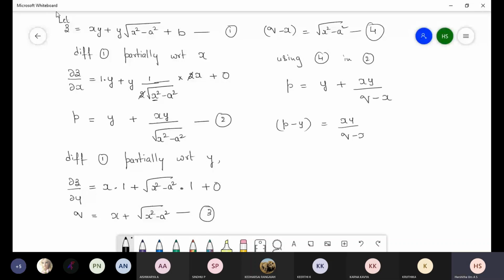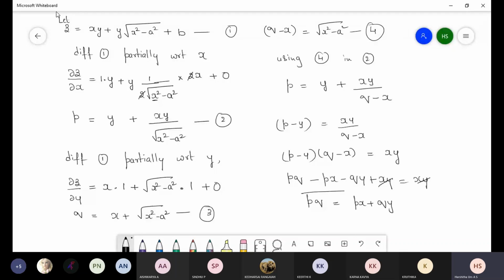So again p minus y into q minus x is equal to xy. So when you multiply here, pq minus px minus qy, minus into minus plus xy is equal to xy. xy will get cancelled. pq is equal to px plus qy. This is the required partial differential equation.